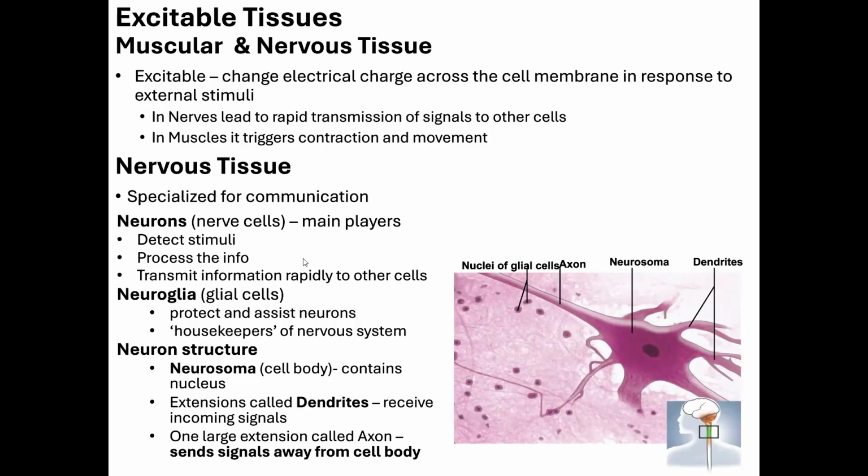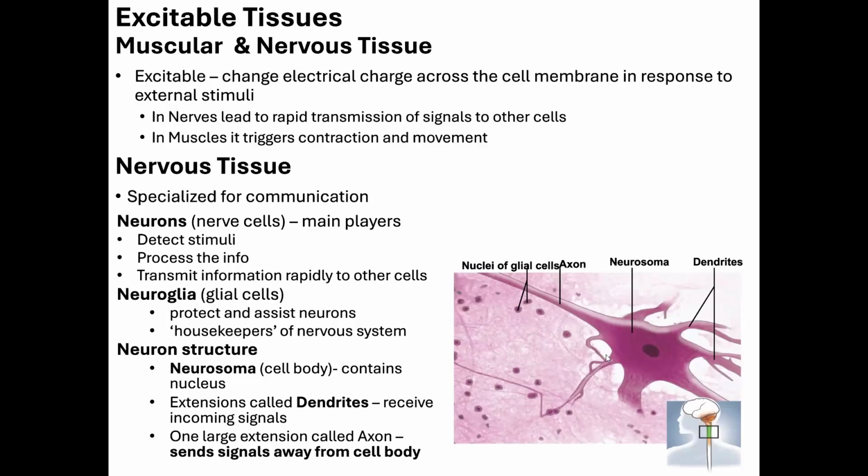The neuron detects the stimulus, it processes the information and transmits the information to the other cells. Neuroglia, or glial cells, are like the housekeepers. They assist the neurons. They have an important role, but they're not the main players.